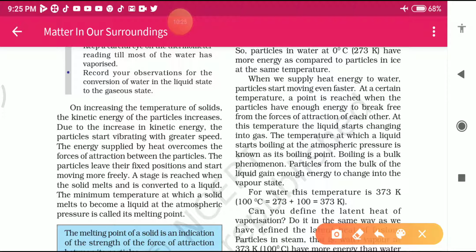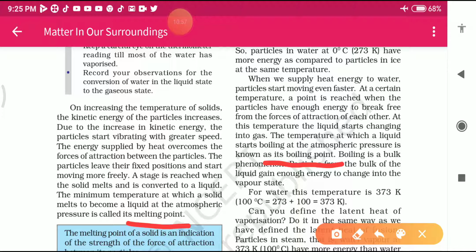Another definition is here: the boiling point means the temperature at which a liquid starts to boil at atmospheric pressure. And here is the melting point: the minimum temperature at which a solid melts to become a liquid at atmospheric pressure is called the melting point, and here is the boiling point.